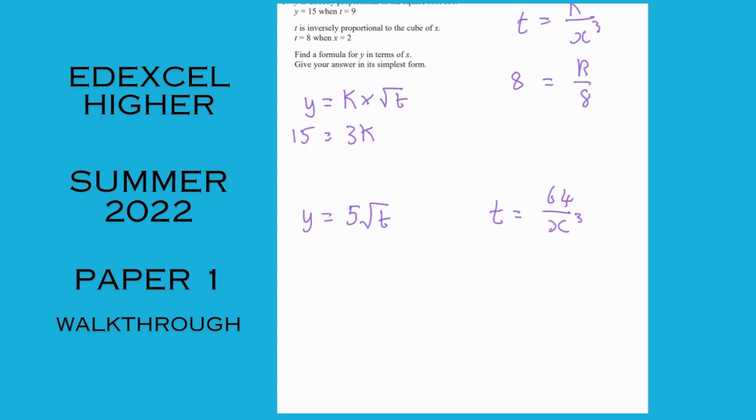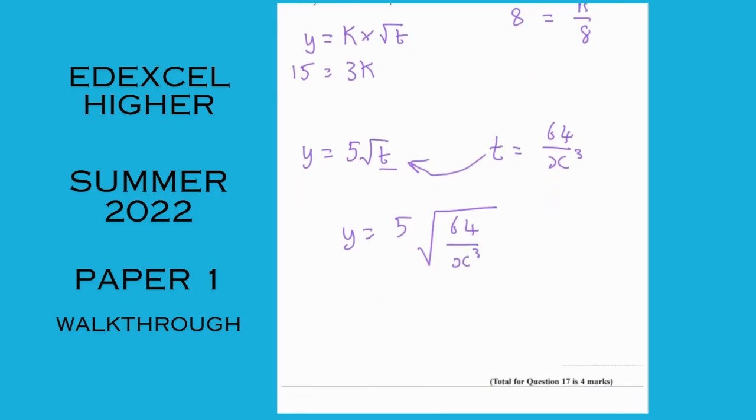It asks, find a formula for y in terms of x. In other words, it wants t gone. So sub it in. y equals 5 square root, replace the t with all this nonsense.